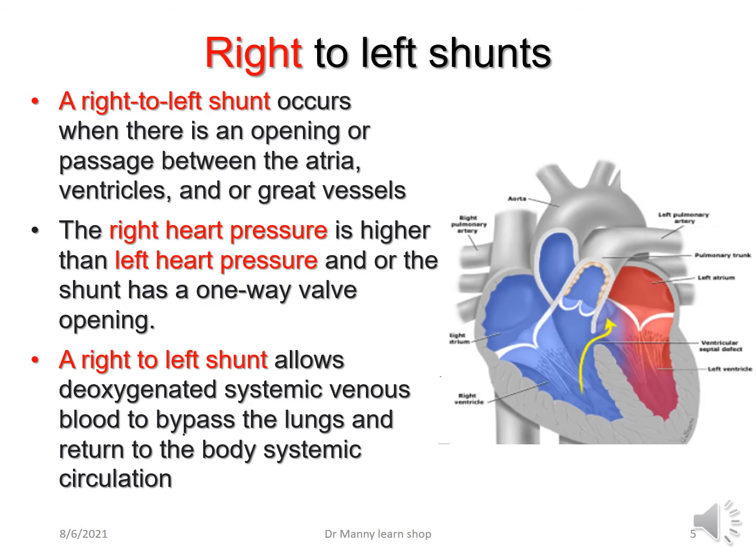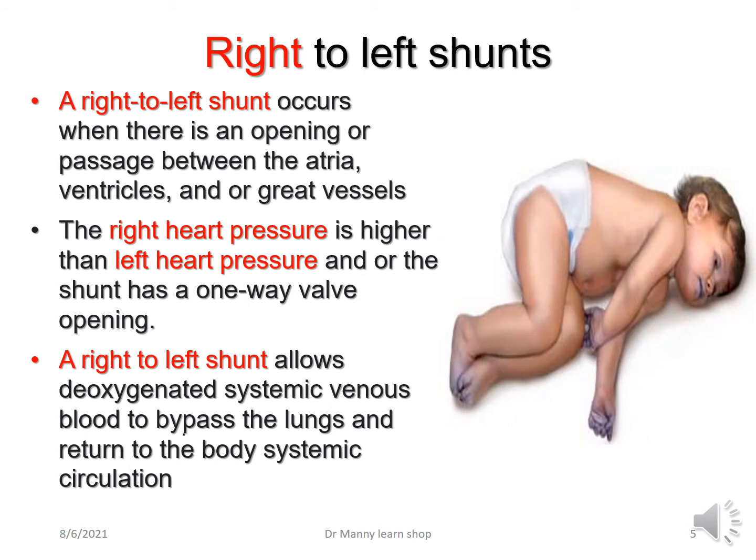It could be due to a one-way valve opening. A right to left shunt allows deoxygenated systemic venous blood to bypass the lungs and return to the body's systemic circulation without oxygenation. And this results in a blue baby or a blue pediatric.